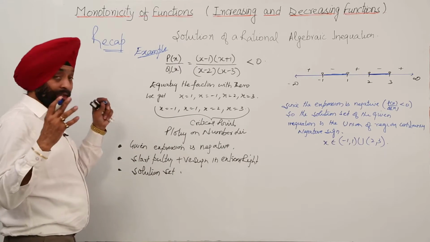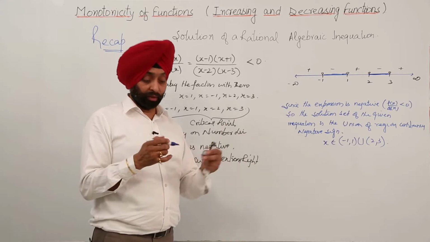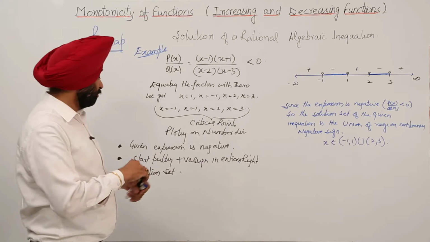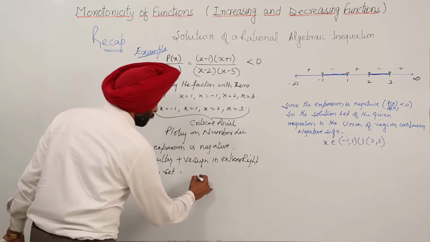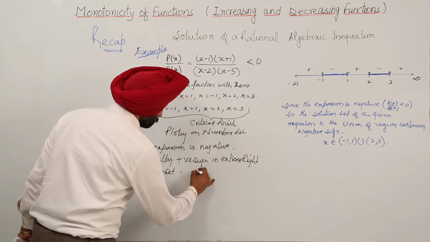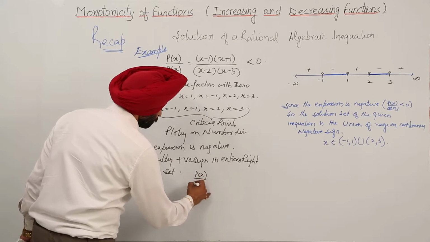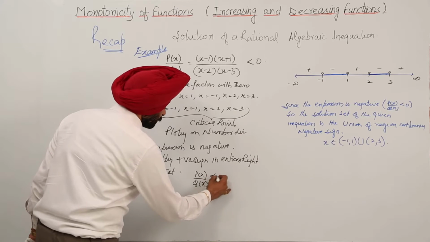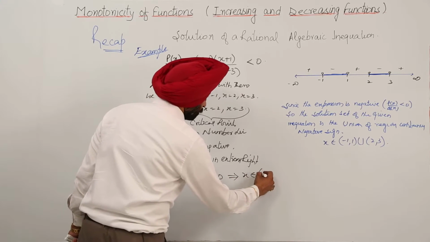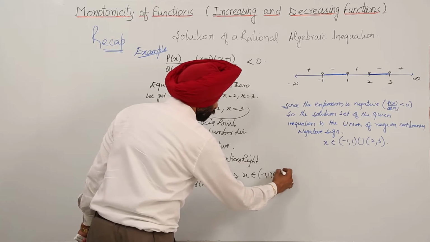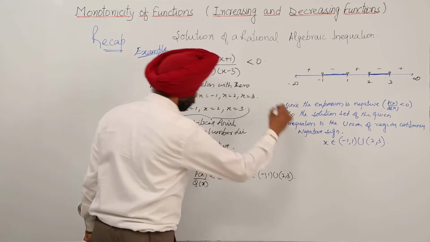Okay, so be careful what I have written here and how you are going to tackle these things. Now solution set: we are having p(x) upon q(x) is less than 0. Now here x belongs to (minus 1, 1) union (2, 3).